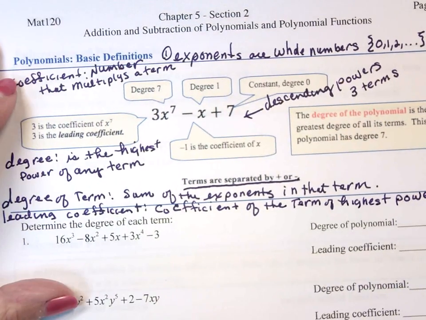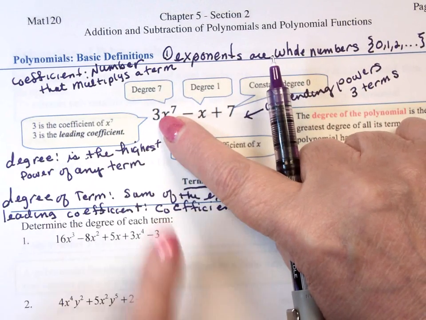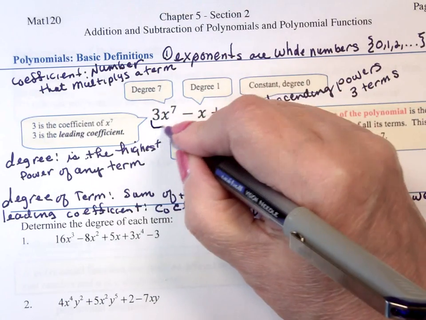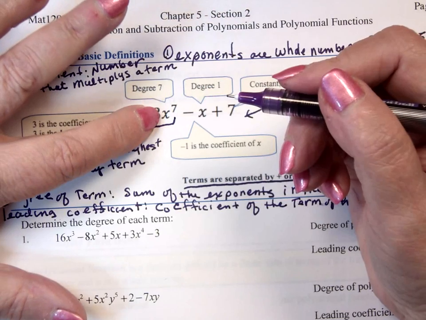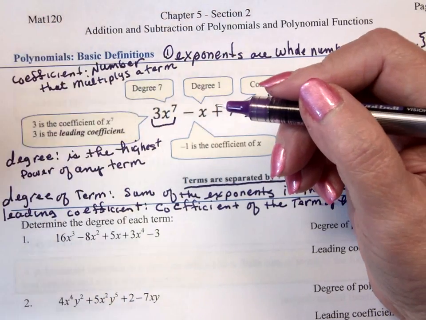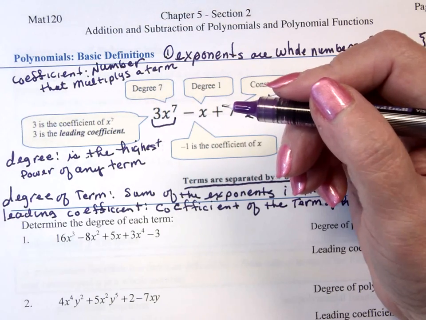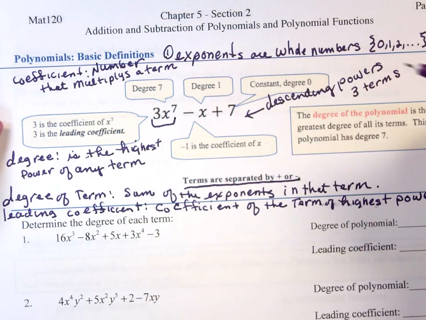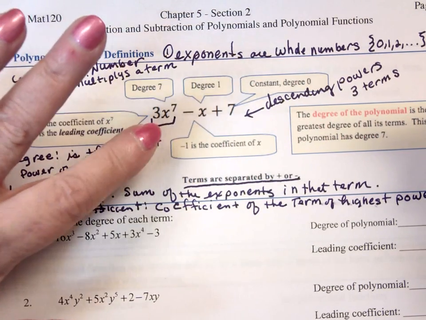In this particular instance, you notice they've marked it: the leading coefficient is 3. The term with the highest power is 3x to the 7th, and the number multiplying that is 3. That's the leading coefficient. I'm going to use that a lot in this chapter. So this polynomial is degree 7 with a leading coefficient of 3.